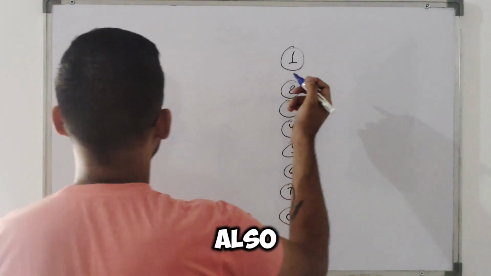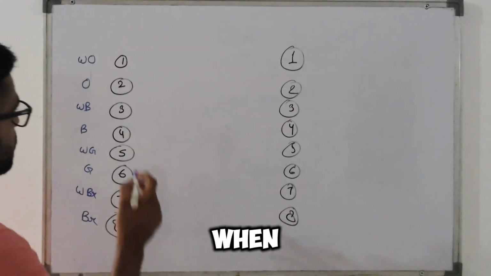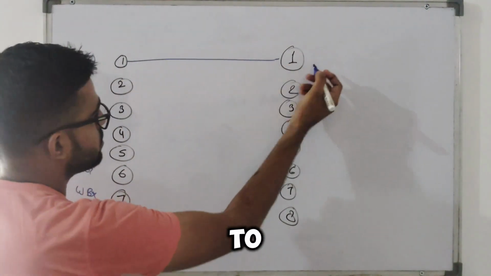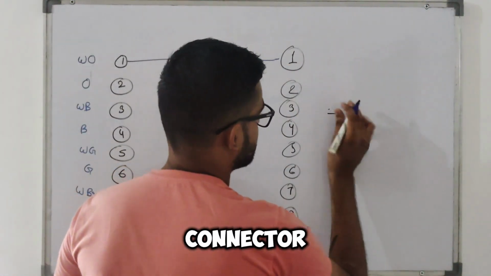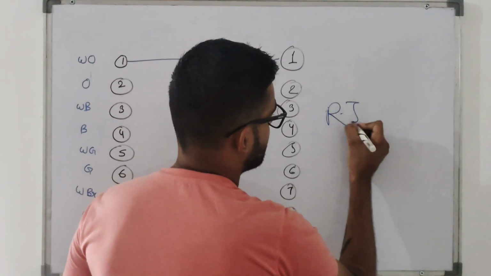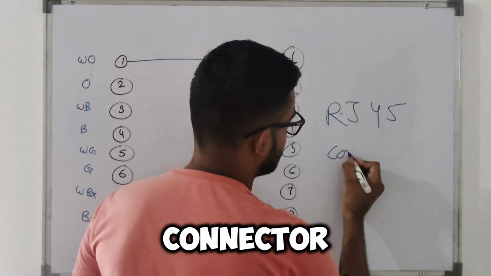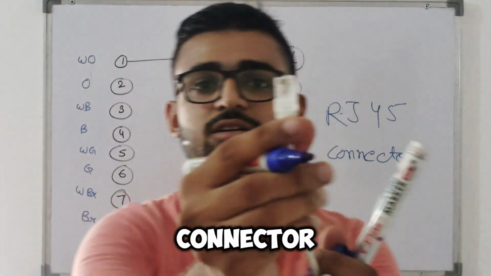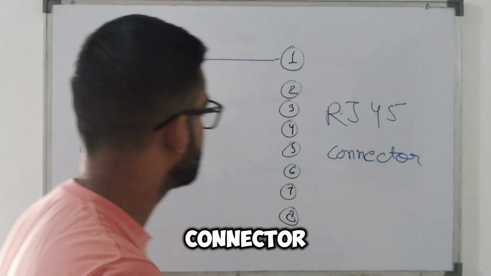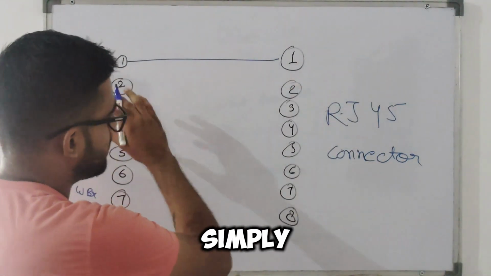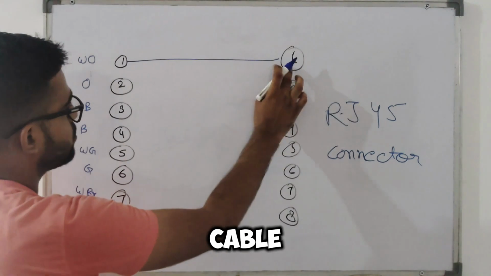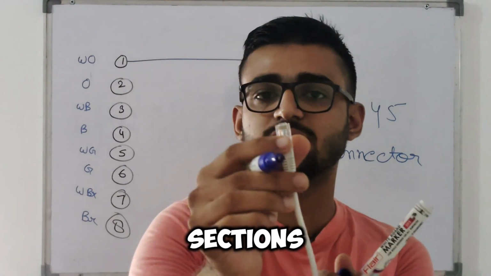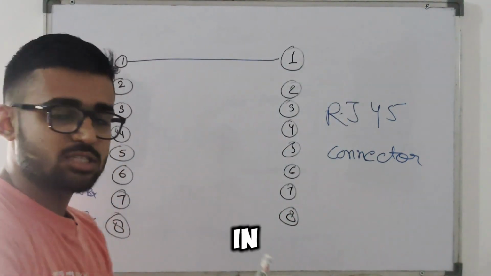When you connect these cables to the RJ45 connector, this is the RJ45 connector that I was saying is here. When you simply connect this cable to these points, there are separate wire sections in this connector.